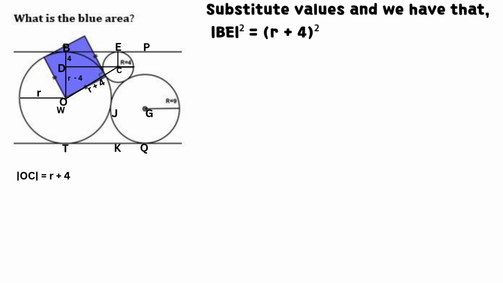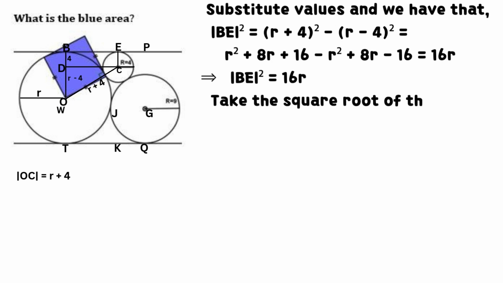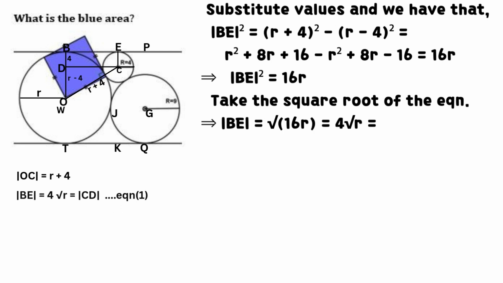Substitute values and we have that the square of line BE equals the square of the sum of R and 4 minus the square of R minus 4, which equals 16 times R, after simplification. Hence, the square of line BE equals 16 times R.